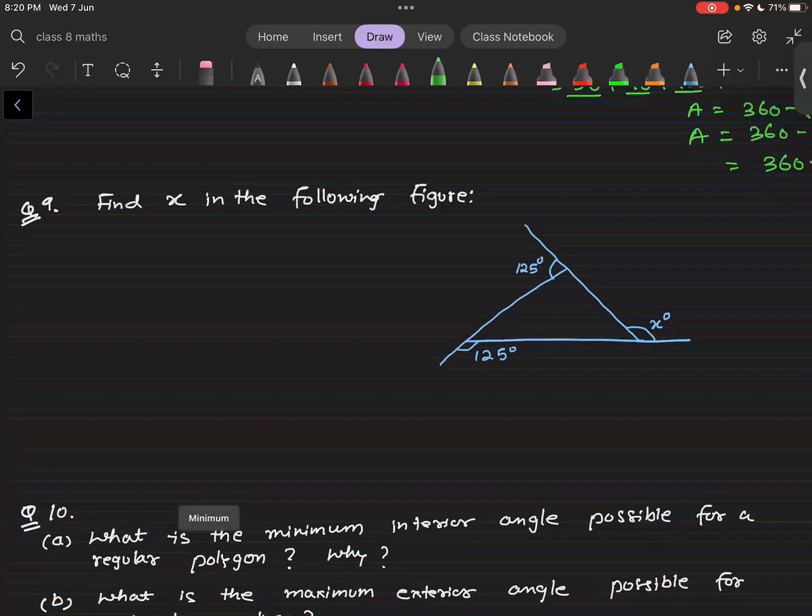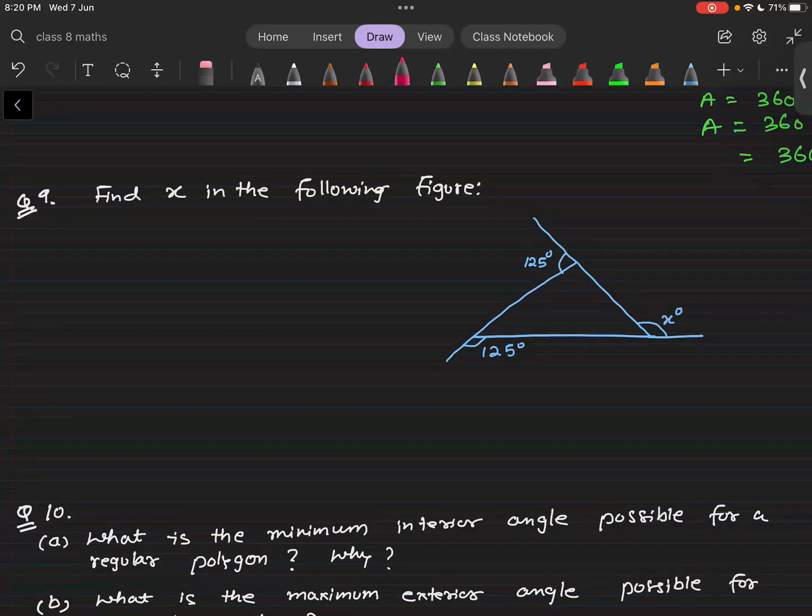Okay. The only tip I'm going to give you guys is that sum of all exterior angles equals 360 degree. That's it. How many exterior angles are here?